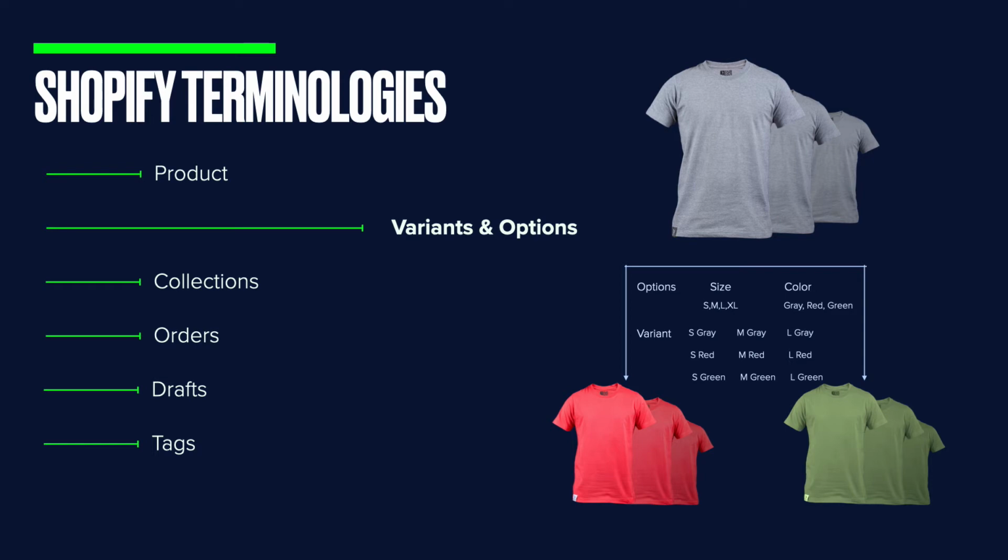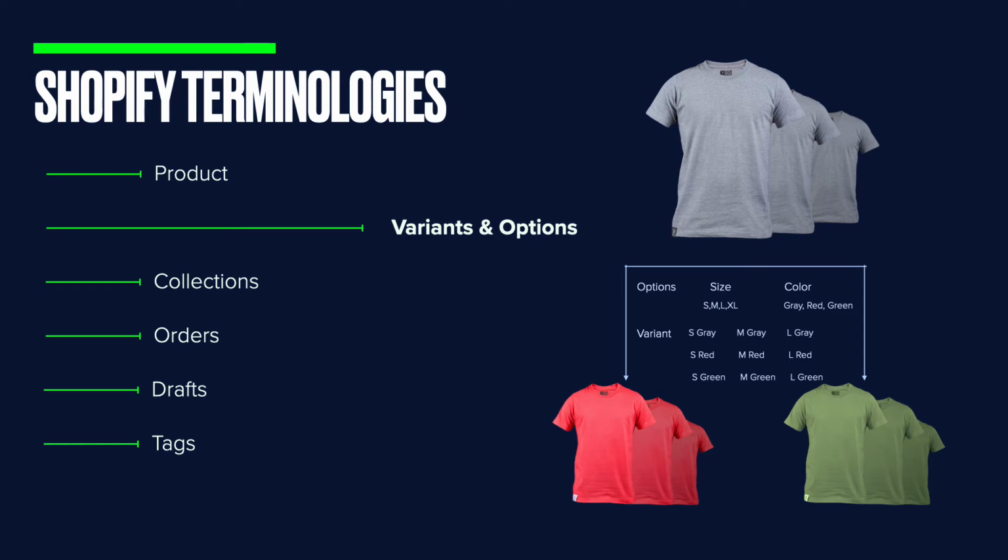Each selection of those options in turn becomes a variant. A t-shirt of small size and gray color is a variant of that product. A t-shirt of medium size and gray color is another variant. Large and green is another variant. So basically, combinations of options are variants.